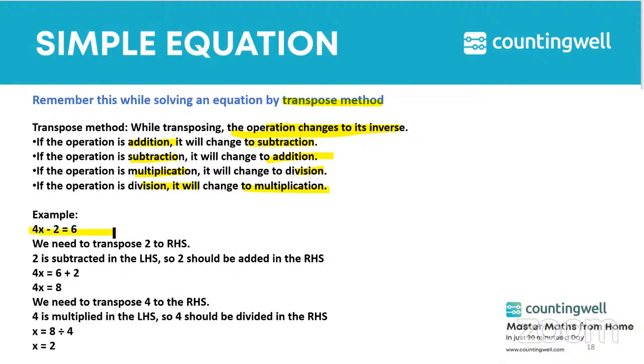For example, if you want to solve this equation by transpose method, we'll first transpose 2 to RHS. So minus 2 will become plus 2 on RHS, we'll get 8. Then as 4 is multiplied to x, we are going to divide by 4 on RHS. So we'll get x equals 2.